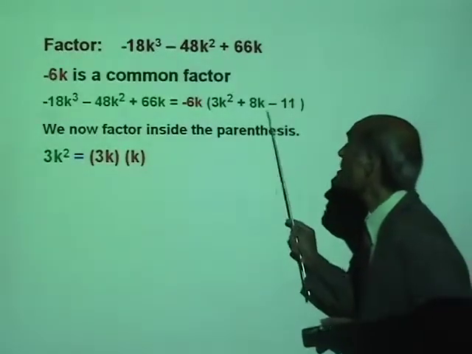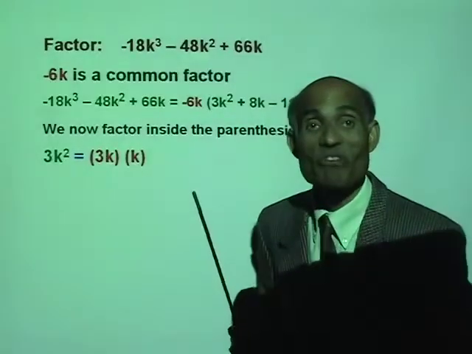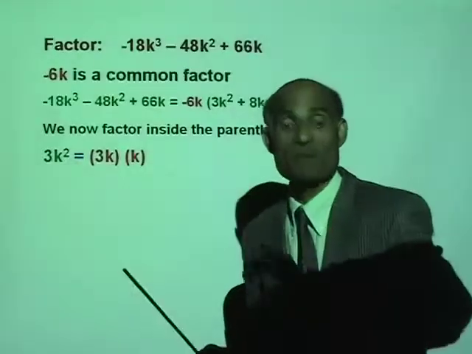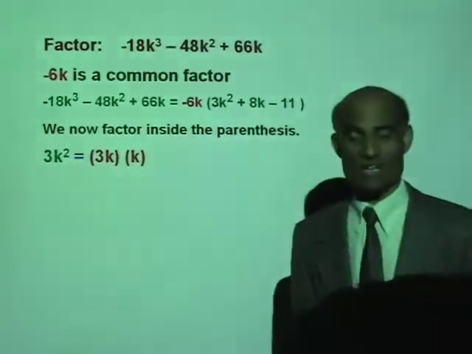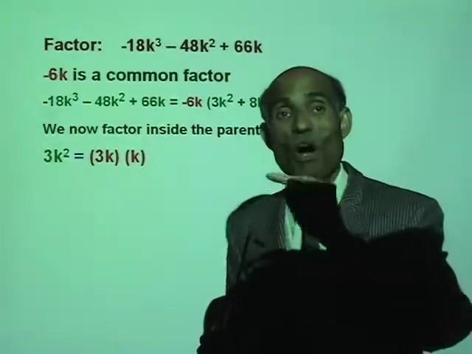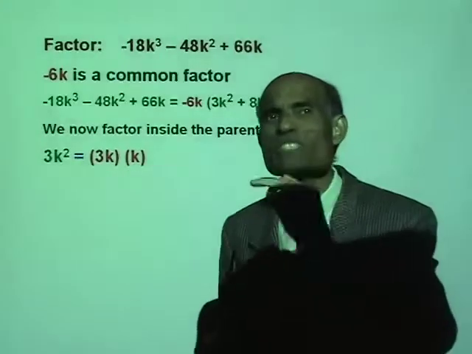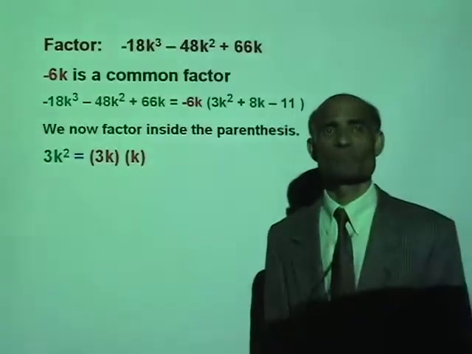And negative 11. Remember, a negative number has to be factored as a positive number times a negative number. So how are you going to factor negative 11? It can be either negative 11 times positive 1 or positive 11 times negative 1. How do you know which one to choose?